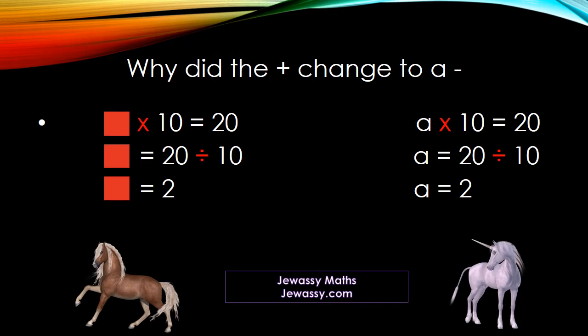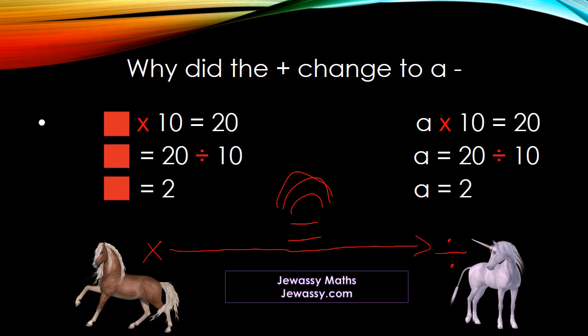Right, so what do we learn from our little illustration for those that haven't seen it already? Well, say now our horse represents a multiplication sign, a unicorn the division sign, and our equal sign represents the rainbow. So if the horse goes under the rainbow, it changes form.